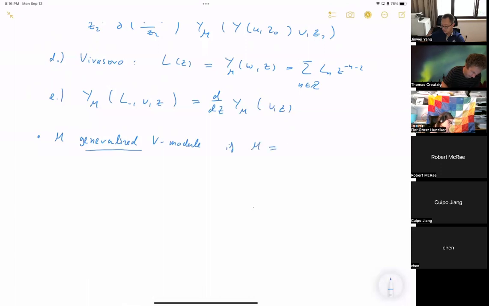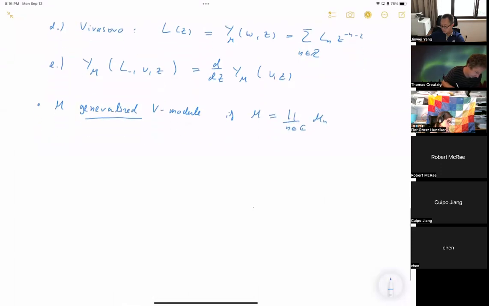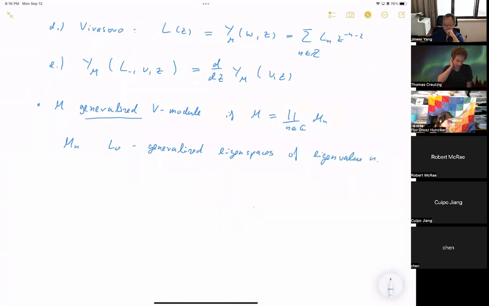So if M is graded, and here the M_n are L_0 eigenspaces, and why not be as general as possible, you require them to be generalized eigenspaces of eigenvalue n. This is generalized, meaning this Virasoro mode L_0 might act nilpotently.